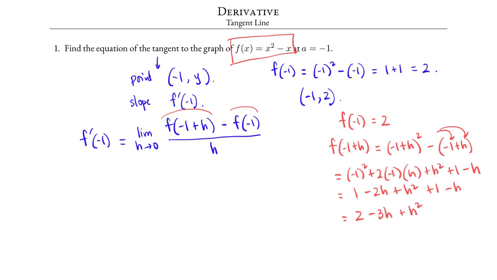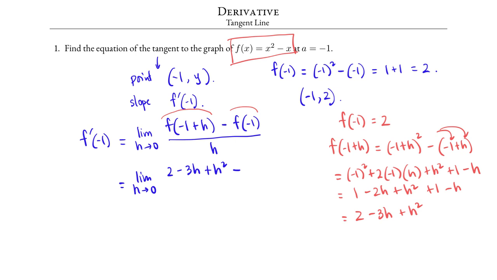We combined like terms. And then we put this back into the definition, including the limit notation. We replace f of -1 plus h with the expression 2 minus 3h plus h squared.